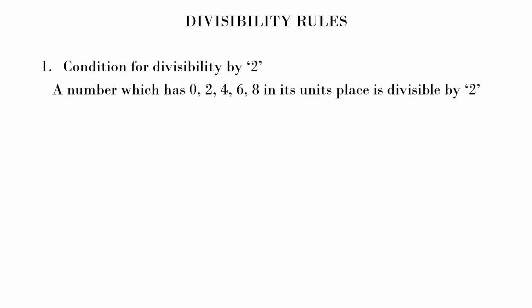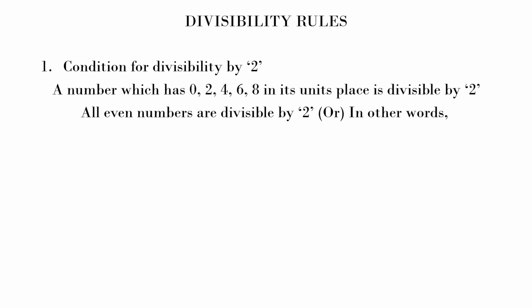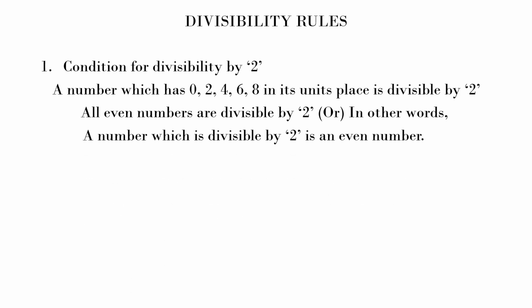Or in other words, all even numbers, because those numbers which end with 0, 2, 4, 6 or 8 are called even numbers. So all even numbers are divisible by 2, or we can state it the other way, all numbers which are divisible by 2 are called even numbers.